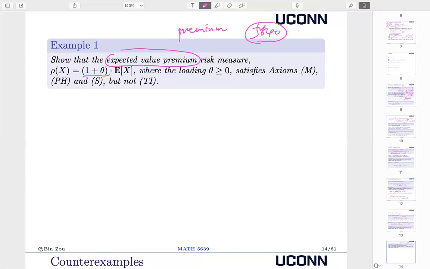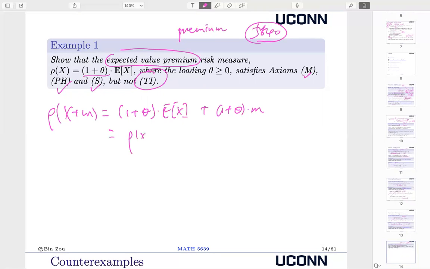We can easily check it satisfies monotonicity, positive homogeneity, and sub-additivity, but not translation invariance. This is very easy to prove. Obviously, in general, that does not equal rho(X) plus m, unless theta is 0. In general, we apply a strictly positive theta, so the translation invariance actually fails here.